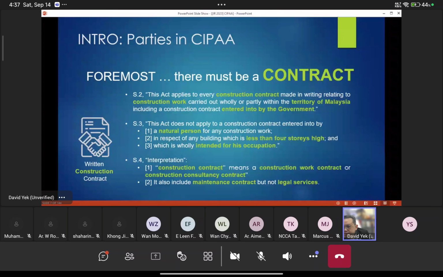Sorry, just to clarify my question: you mentioned that factory works for self-use are not under SIPA. Does that mean engineering consulting services are also not included?